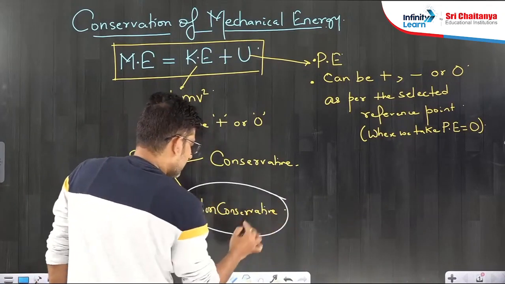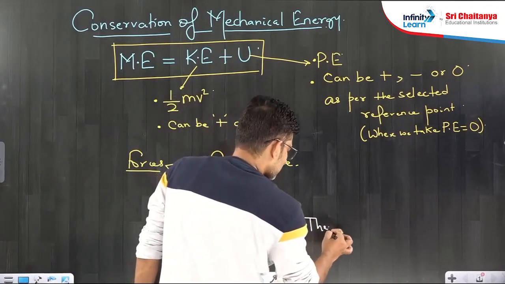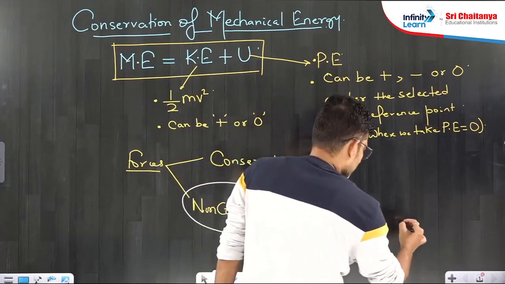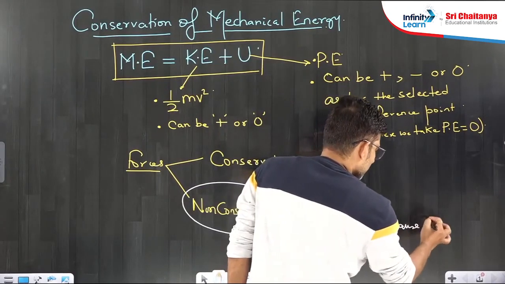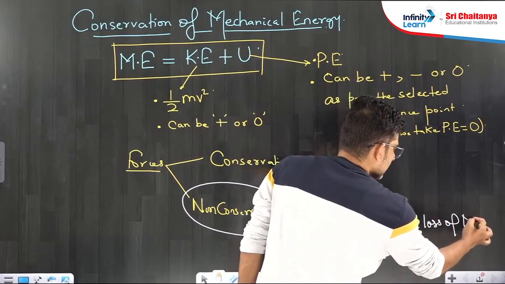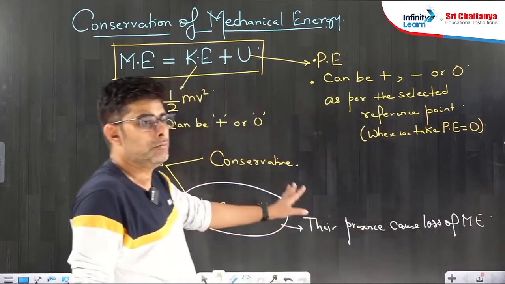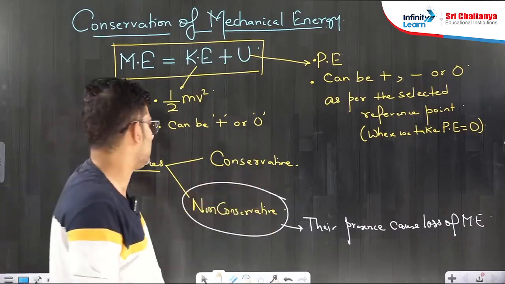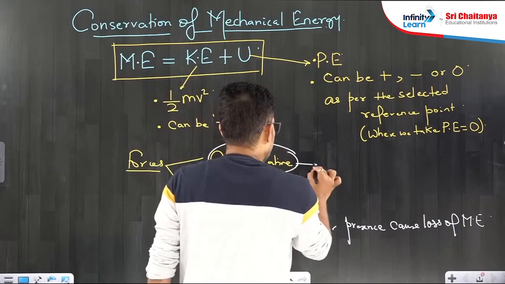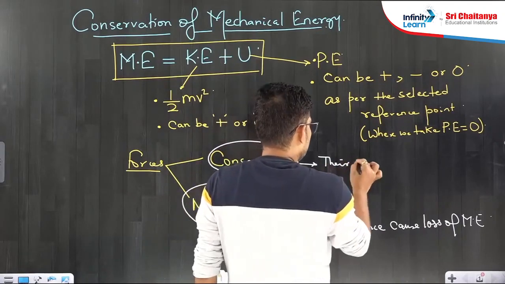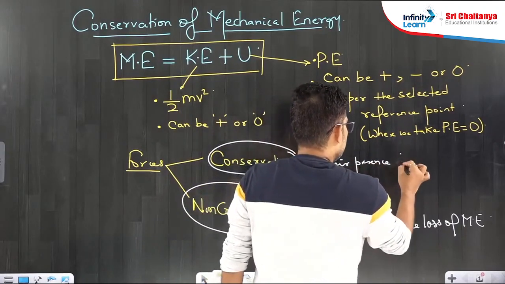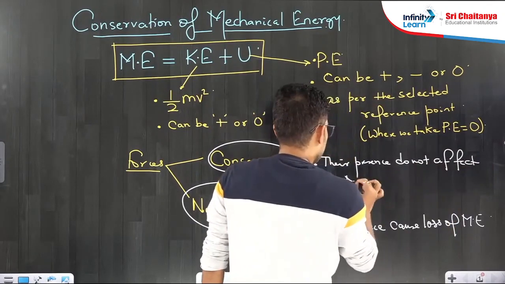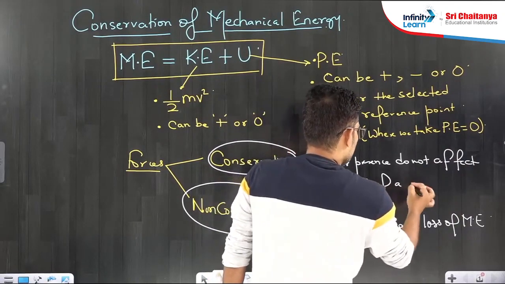The difference is this type of forces, their presence cause loss of mechanical energy. Non-conservative forces are those forces whose presence cause a loss in mechanical energy, whereas conservative forces are those forces whose presence does not affect the mechanical energy of a system.